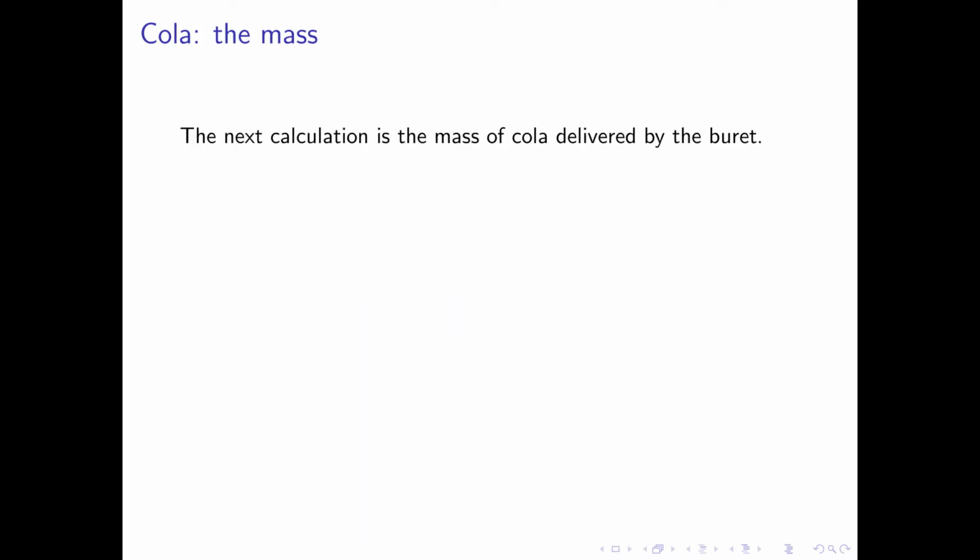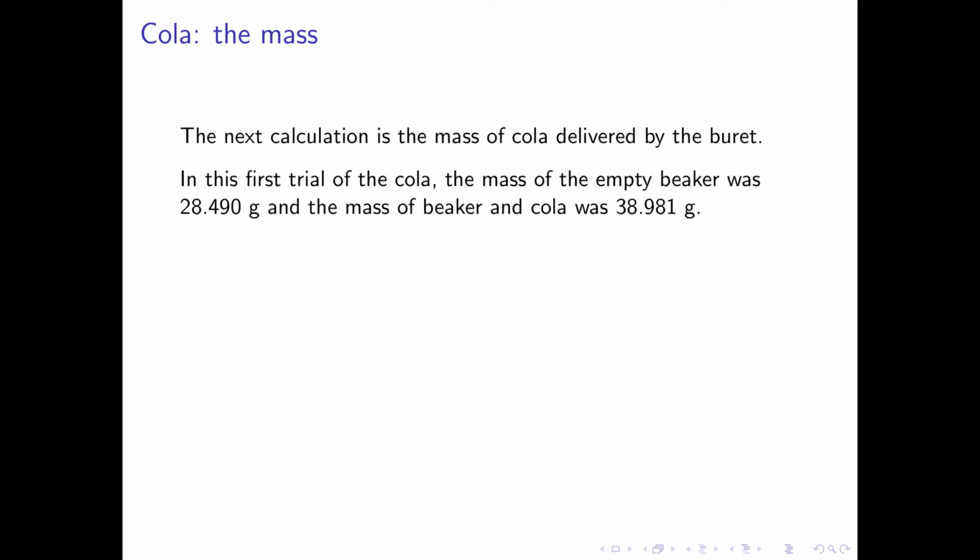Next, we need to calculate the mass of cola delivered by each trial in the burette. In the first trial of the cola, the mass of the empty beaker was found to be 28.490 grams, and the mass of the beaker and cola was 38.981 grams.